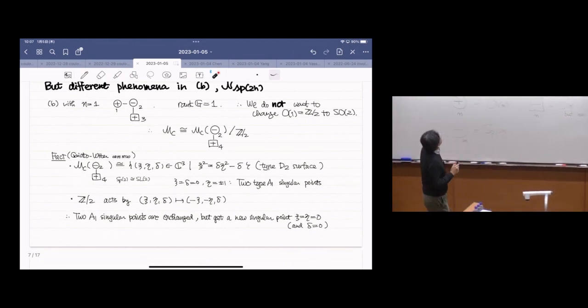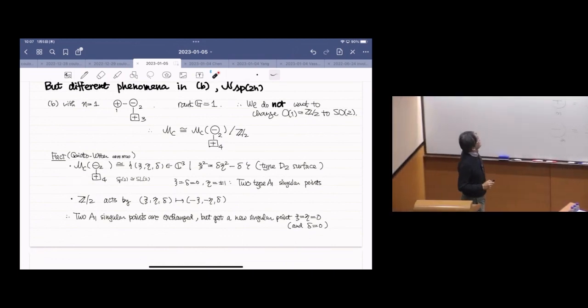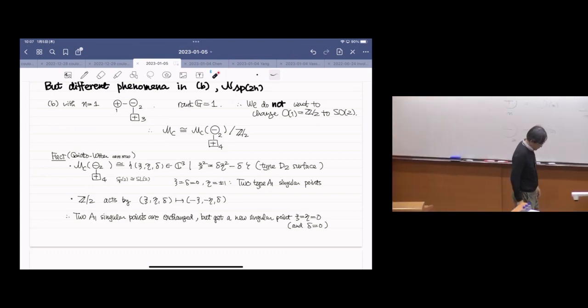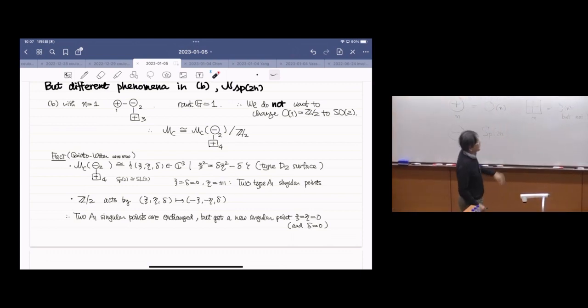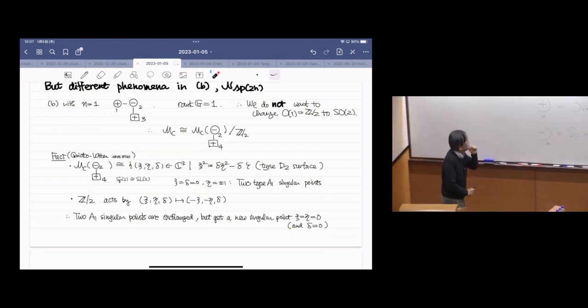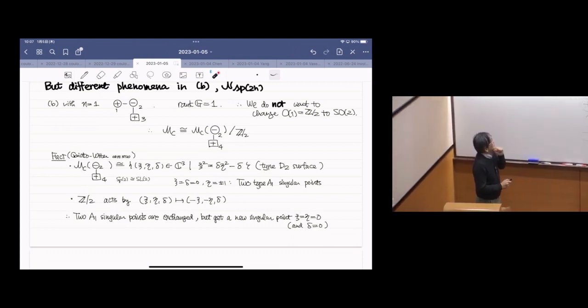So this Coulomb branch before the quotient is the so-called type D2 surface. Usually people start the n from n equals 4, but at least at the level of the equation, you can still make sense of a D2 surface. Anyway, this is the defining equation, and it has 2 type A1 singularities.